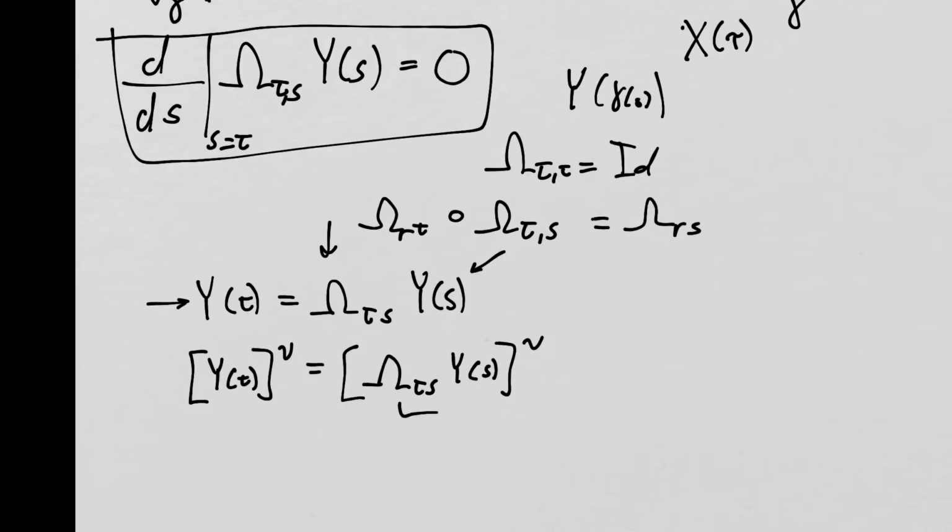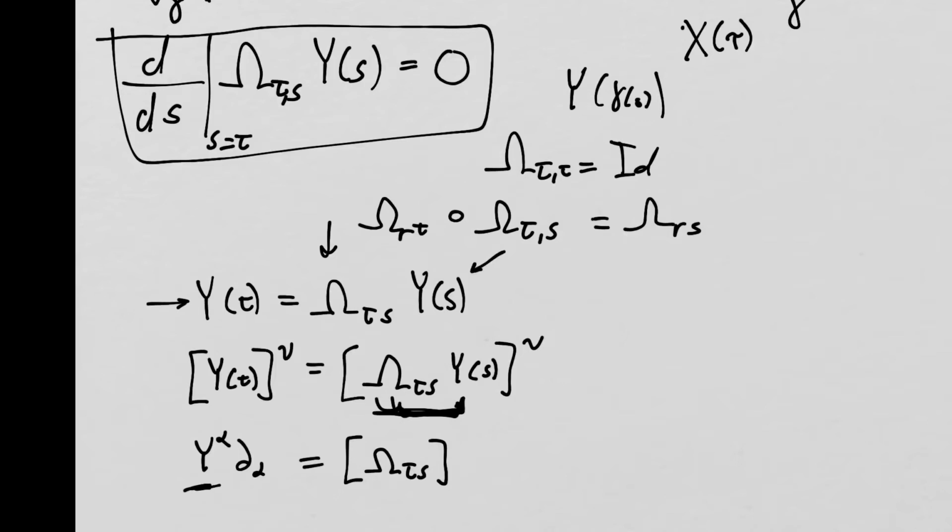And then you've got to look at this and realize, okay, y of t is a vector, right? So this vector can be y alpha partial alpha. And this guy here is also a vector. And each of these components here is some kind of collection of these components there. So this can be understood as omega operating as a matrix. You can think of omega from s to t.